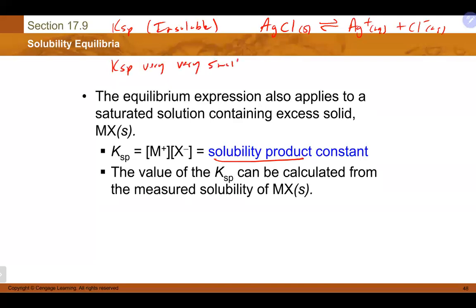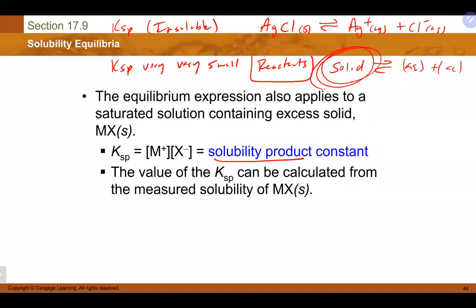As we talked about, because the K value is very small, we mainly would expect to have reactants at equilibrium. Pretty much all KSP reactions are written with the solid on the left and aqueous ions on the right. With really small values for KSP, it is pretty much going to be all reactants.